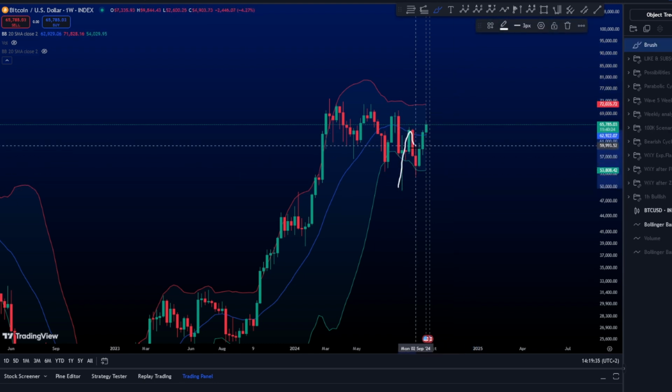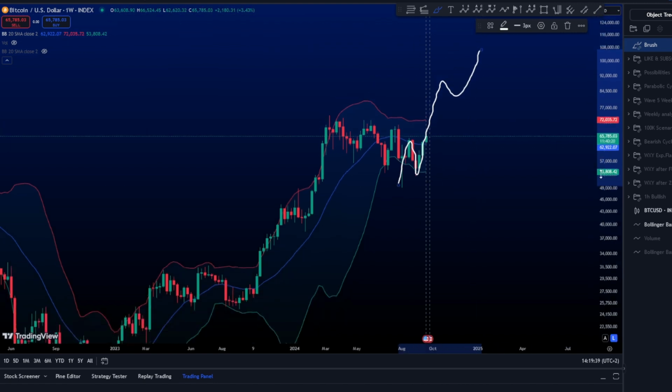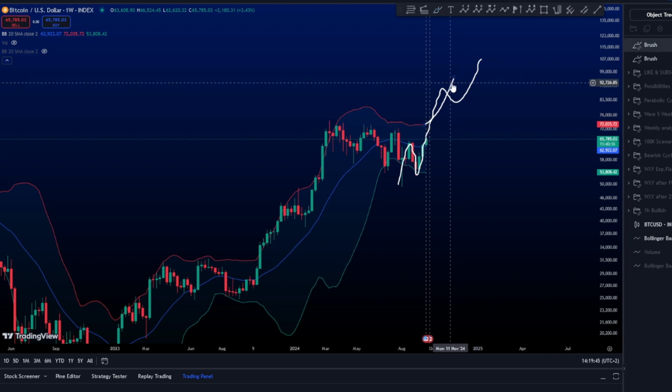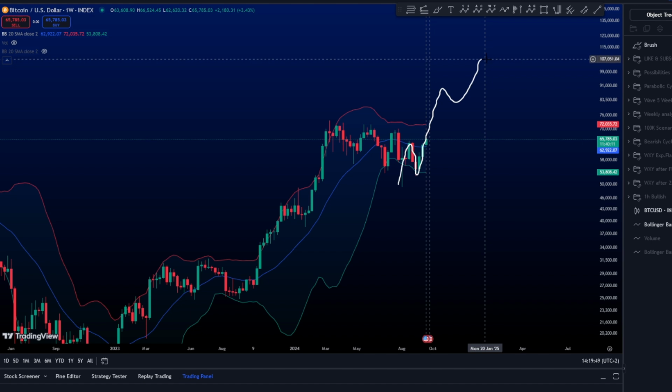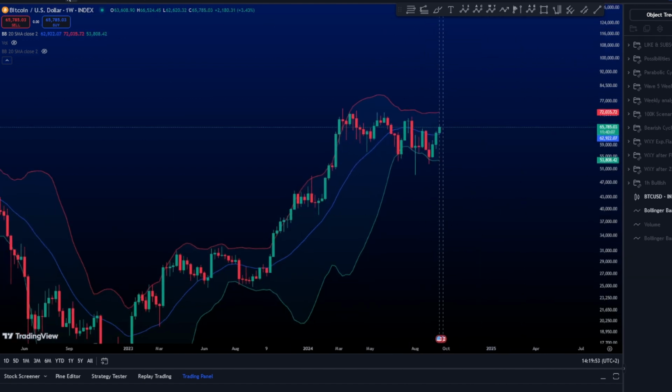Where we already look here at 1, 2, 3, 4, and a 5. This is exactly what we want to see. The Bollinger Band has to expand a little bit towards the upside, and then, of course, finish this wave 5 around the 100K, as you can see here, and then move down towards the downside.